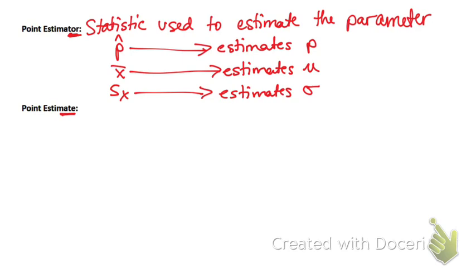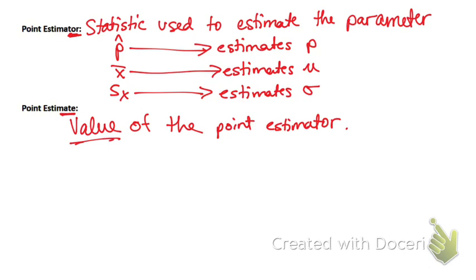So when I am asking you to tell me what the point estimator, T-O-R, is, I am literally just asking you for one of these notations. Once I ask you for the point estimate, A-T-E, this is the value of the point estimator.